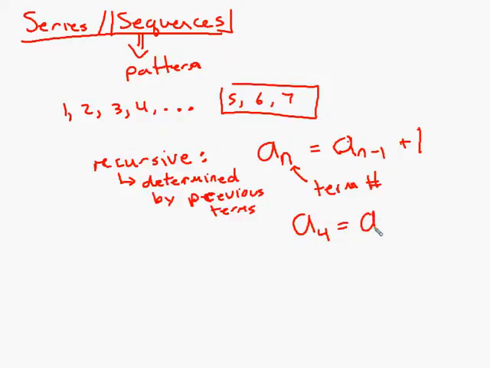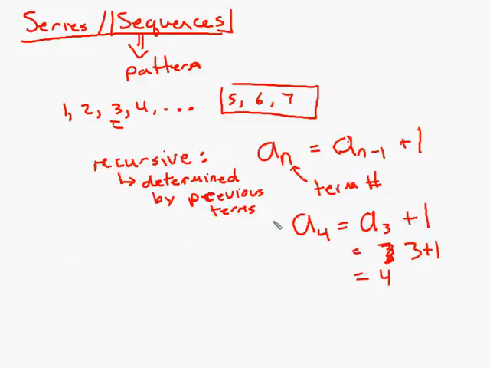That's going to equal the third term plus 1. Well, what's the third term? The third term is 3. So 3 plus 1. So that's 4. So a recursive formula is a formula that's determined by the previous terms.